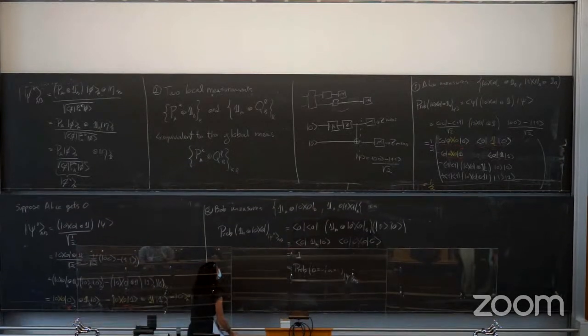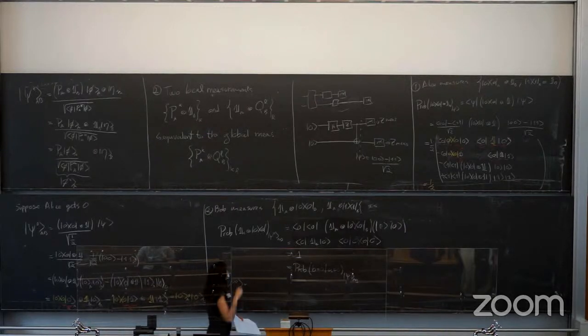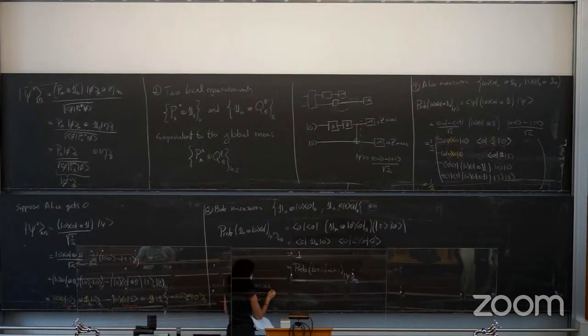So let's call it phi 0, 0, when you got 0 on Alice and 0 on Bob. This is going to be something divided by 1, square root of 1 even. And now identity on A, 0, 0 on B, all acting on state 0, 0. And that's just 0, 0.